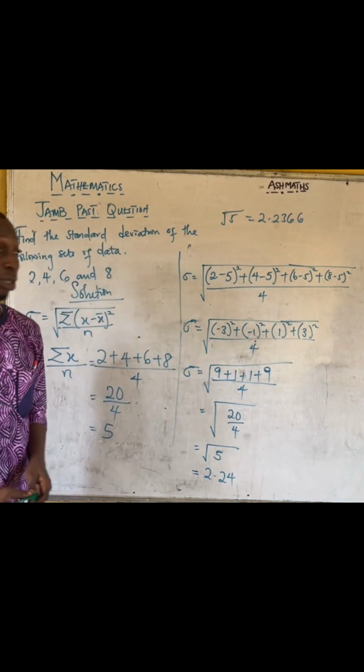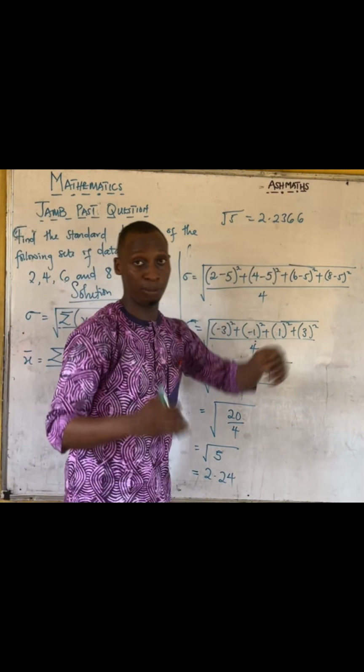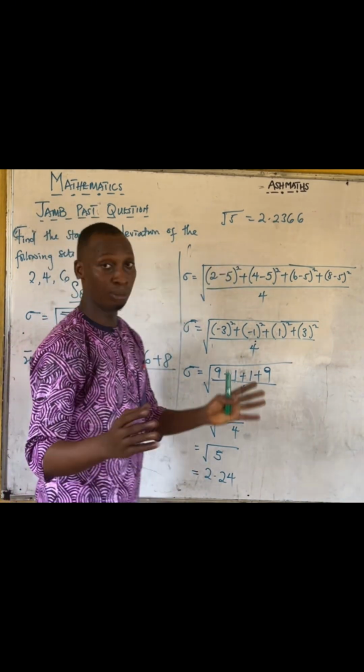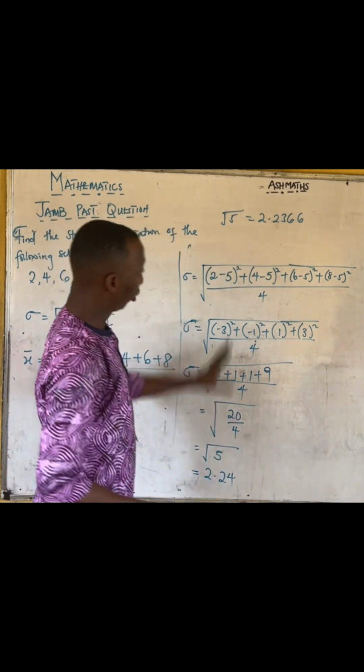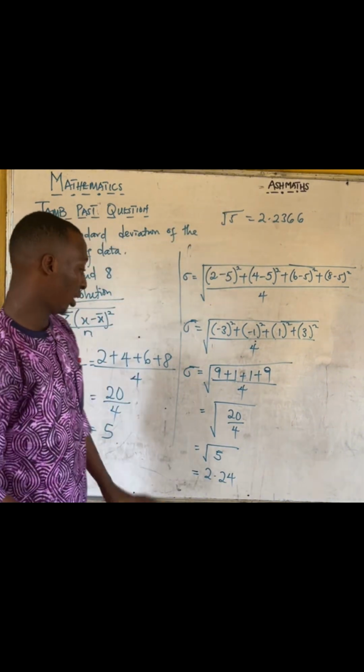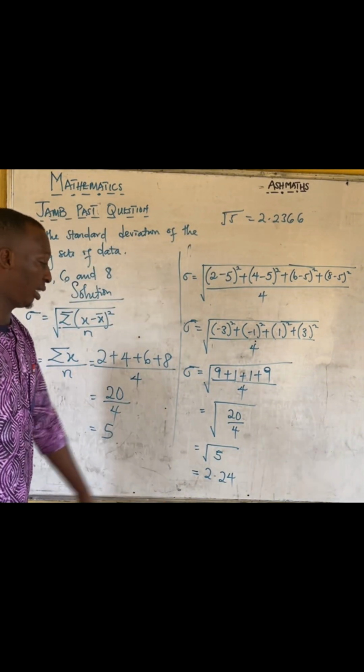If you are not so good at something like this, you can pick up your calculator and find the square root of 5. Don't mind the way I did mine. Pick your calculator, press the square root of 5, and you get the exact answer. And that brings us to the end of this particular thing.